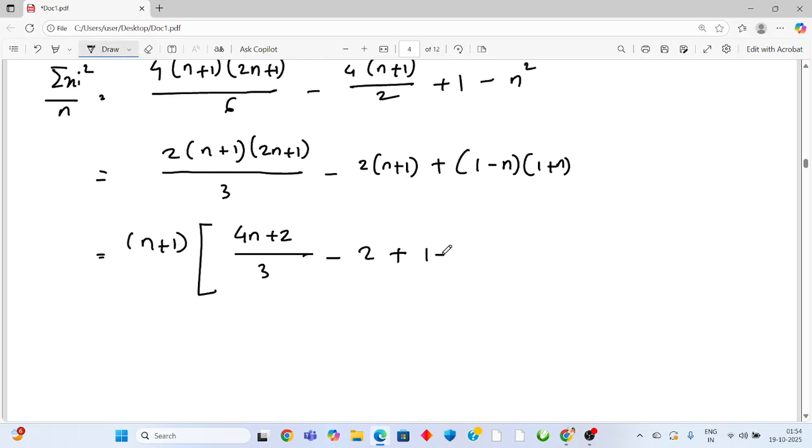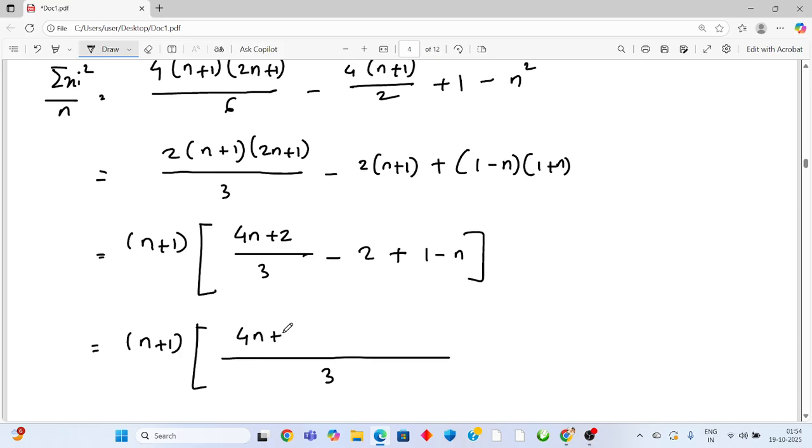Now, if I take LCM, then we will get 3, 4n plus 2 minus 6 plus 3 minus 3n.